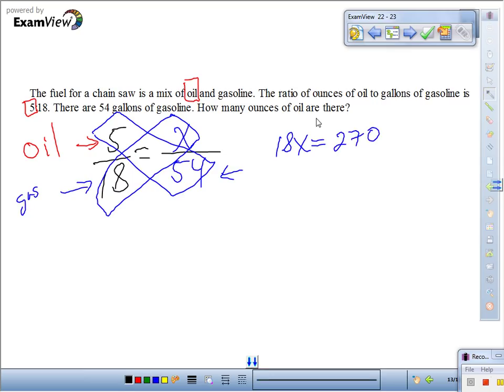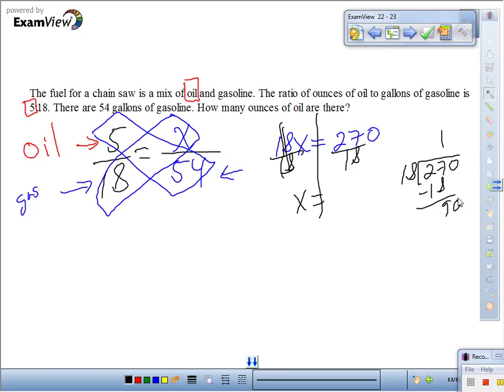From there, line down the equal sign, divide by 18, divide by 18, X equals 270 divided by 18. Let's see, 270 divided by 18, 18 fits in there 1. Subtract, that's 9. Bring down the 0. Fits in there how many times? 5. So that is 90. Subtract, 0. So this is 15. Okay, 15 what?